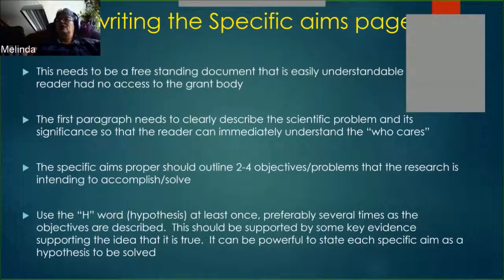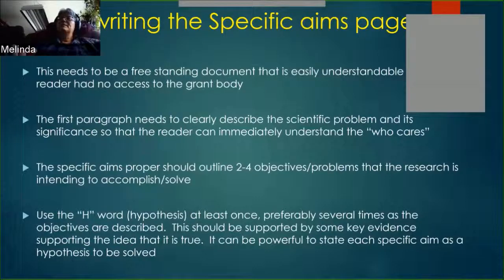It's okay to write only 2 aims. Writing 3 is more standard. Writing 4 gets to be quite a bit much, and usually if you're writing 4 aims, you should probably be thinking about collapsing it down to 2 or 3.